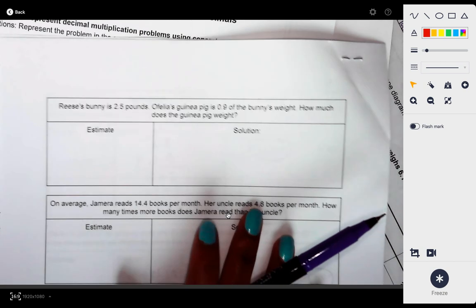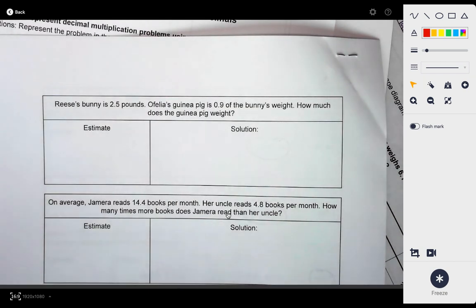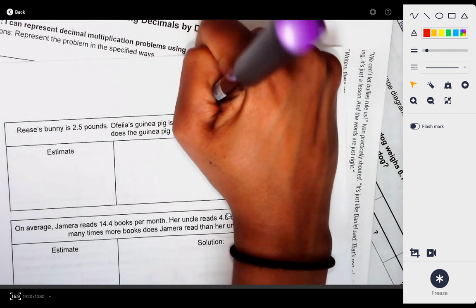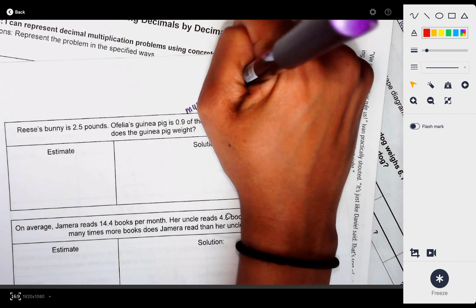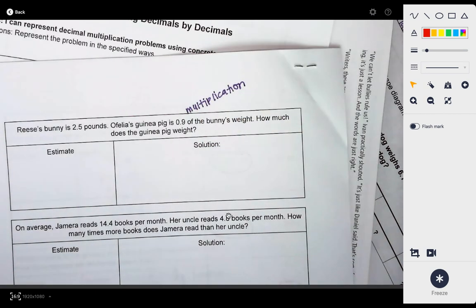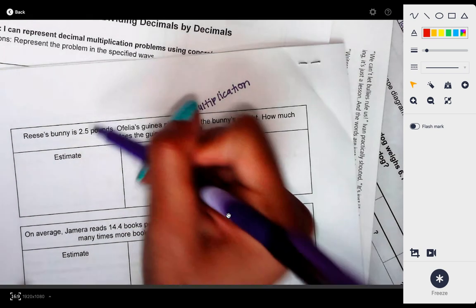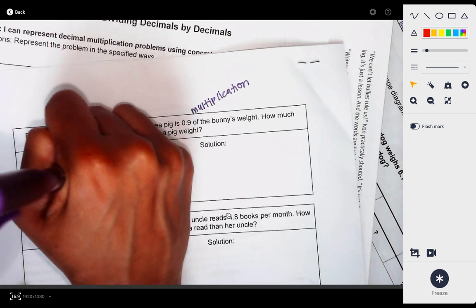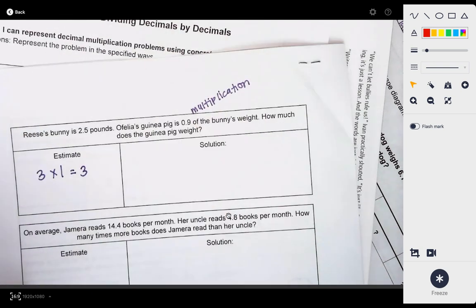Reese's bunny is 2.5 pounds. Ophelia's guinea pig is 9/10 of the bunny's weight. That's a good hint that we're using multiplication. How much does the guinea pig weigh? So I can say, we can use 2 or 3 here, doesn't matter. 3, I'm going to change 0.9 to 1, so 3.